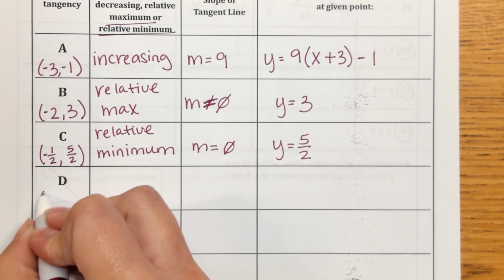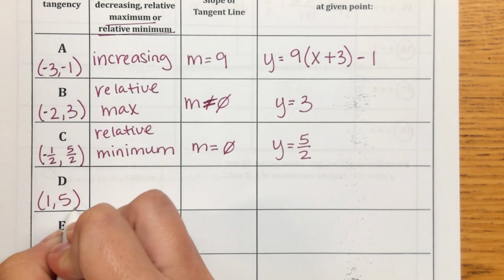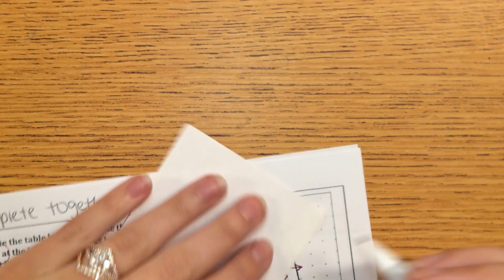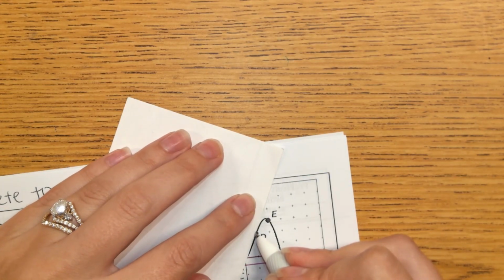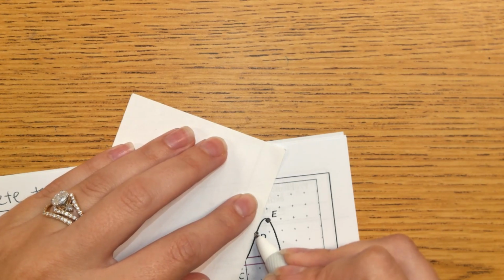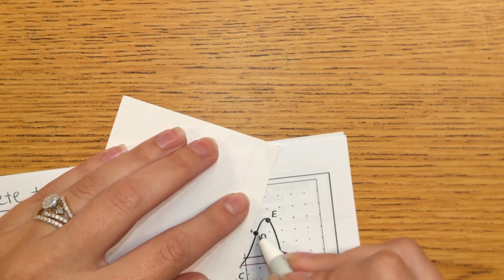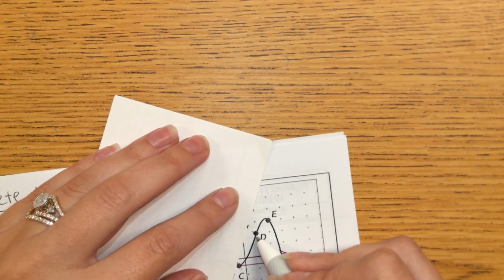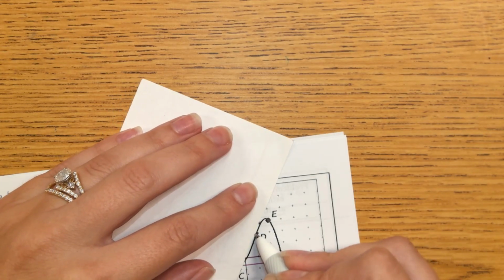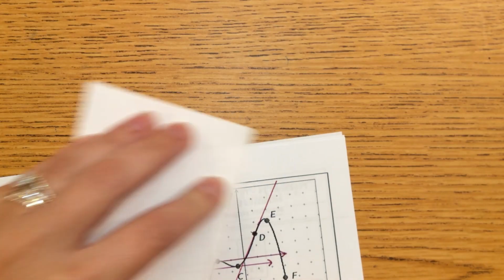Okay, for D, our point is (1, 5). So again, I'm going to take a straight edge and I'm going to draw my tangent line for D. Okay, that's good.